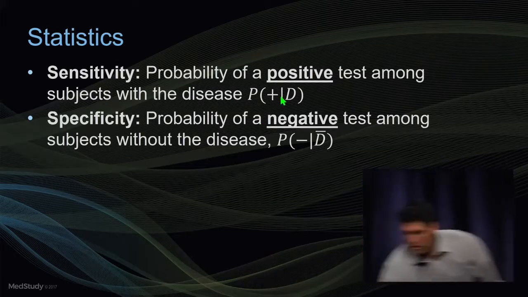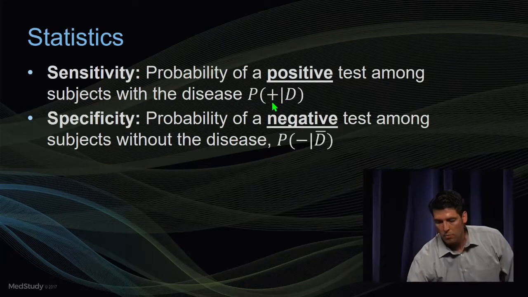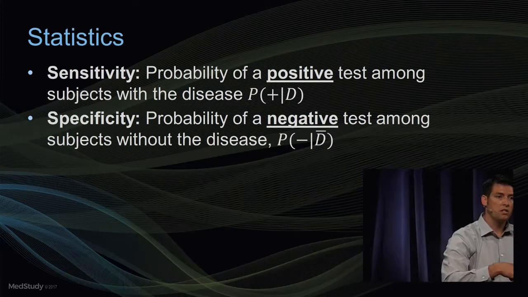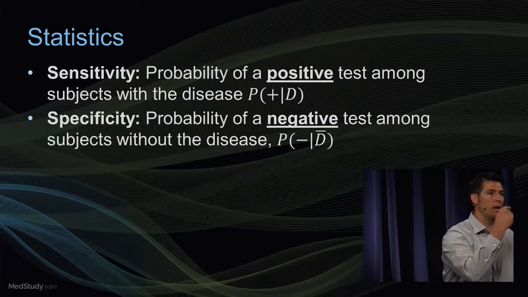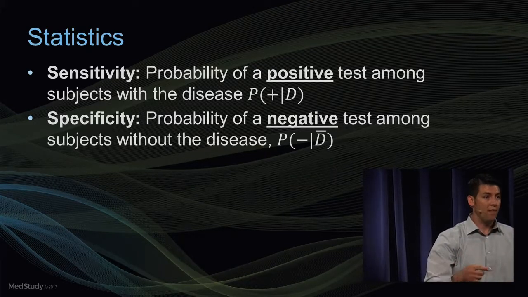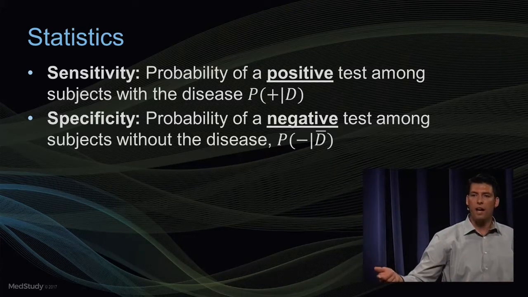Notice that with the sensitivity, I have the probability of a positive test given the disease. This latter situation is I have a positive, I'm interested in the probability of the disease given a positive test result. That's different. What do we call that?